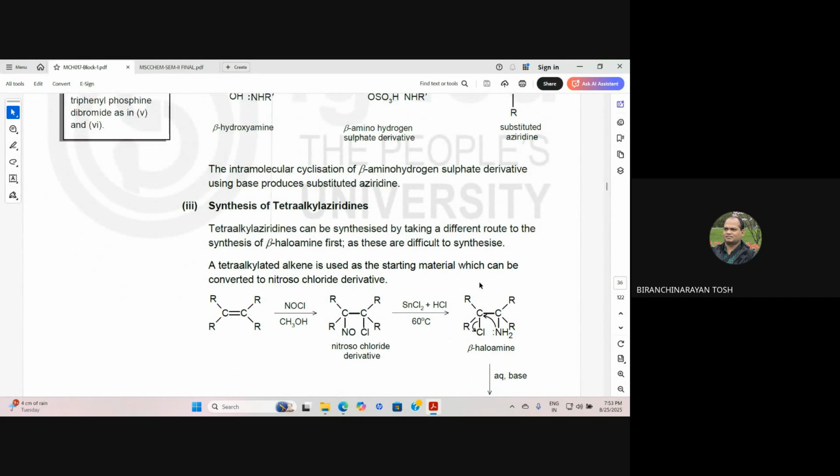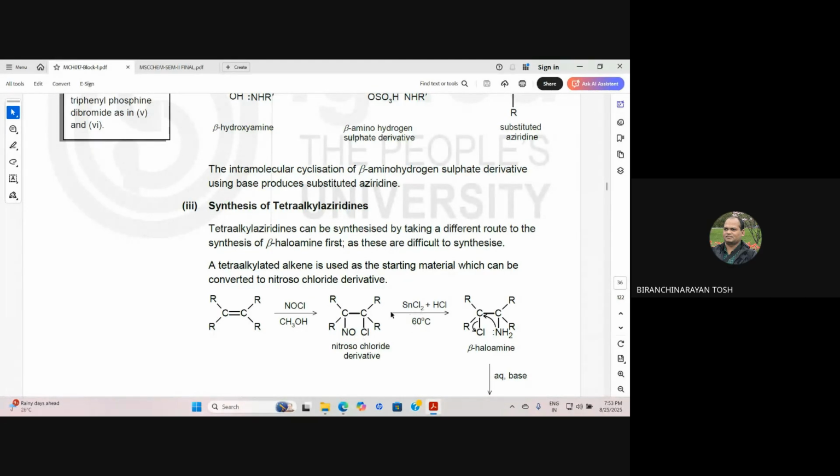Then in the case of tetraalkyl aziridines, how to prepare them? We have to take an alkene. A tetraalkylated alkene is used as the starting material. When it reacts with nitrosyl chloride, we'll get a nitroso compound. This is an electrophilic addition reaction of the alkene, which you should know. The electrophile here is NO plus and Cl minus. So you will get the nitroso chloride derivative.